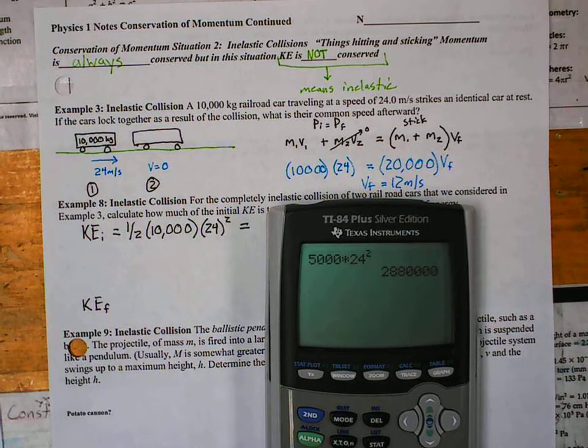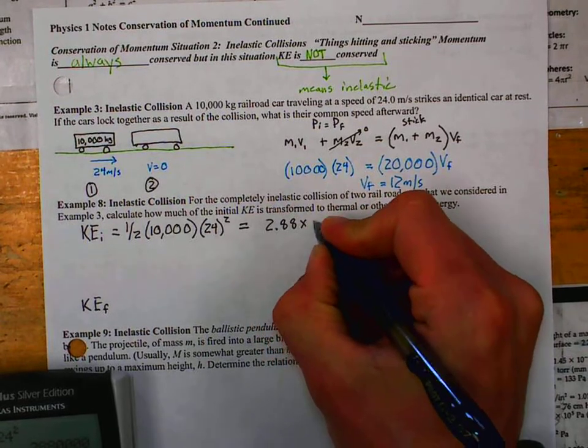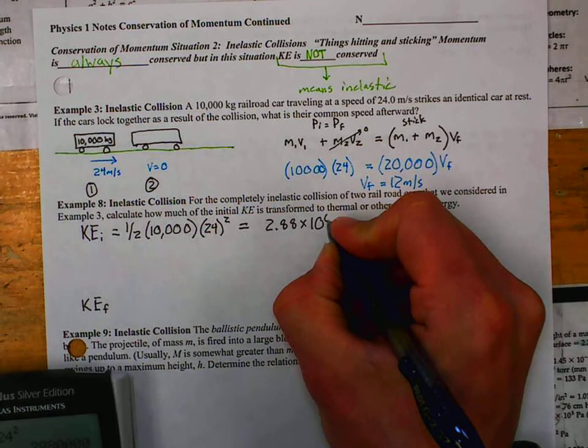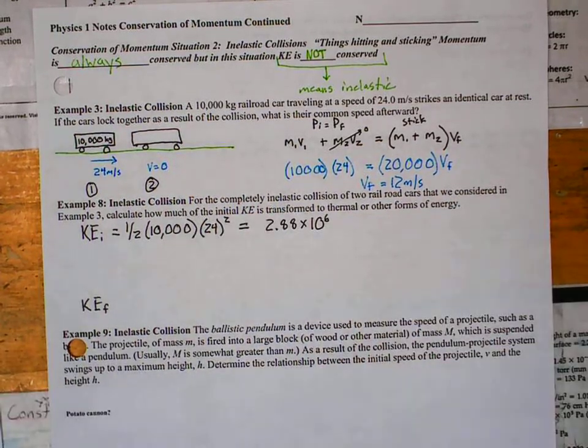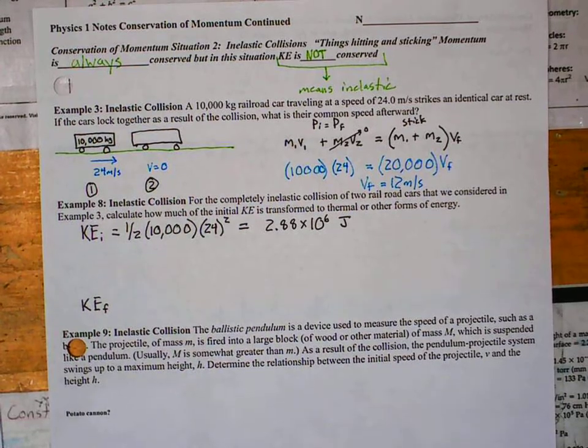And we're going to get 2,880,000. So I'm going to say 2.88 times 10 to the 6th. Yep. Okay, what's the unit? That's going to be energy, so it's in joules. If it was force, it'd be in newtons. If you're not friends with scientific notation yet, you can write it all the way out, yes.